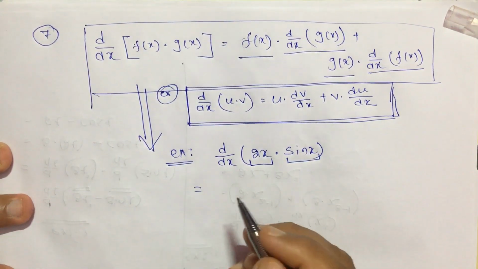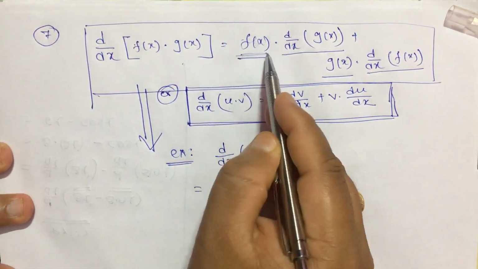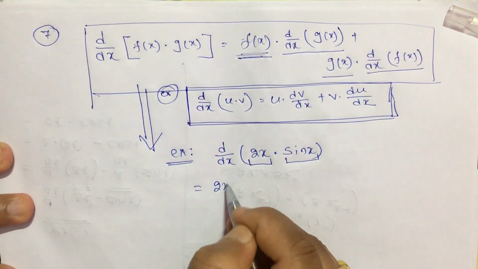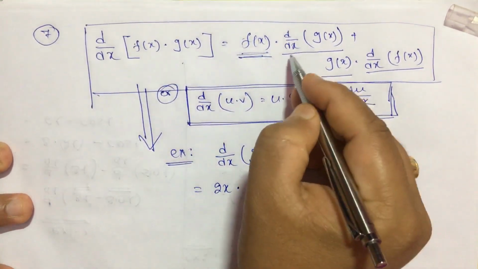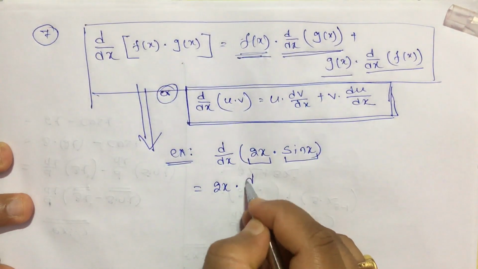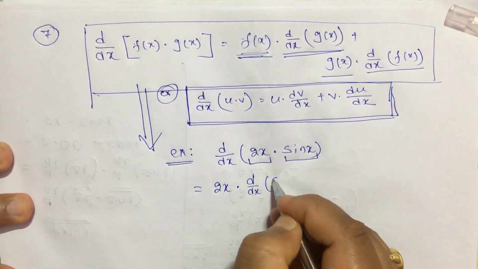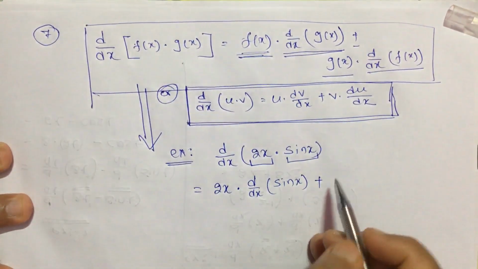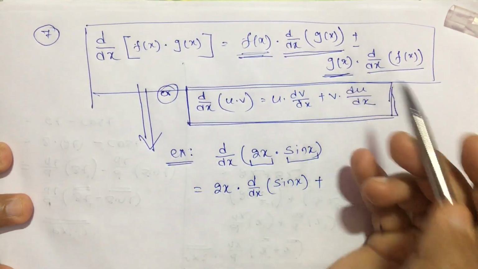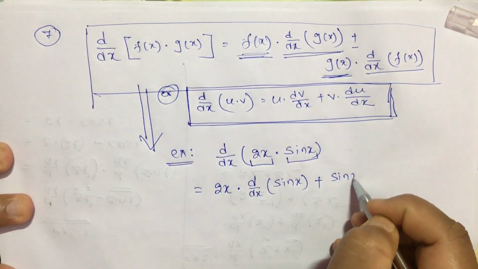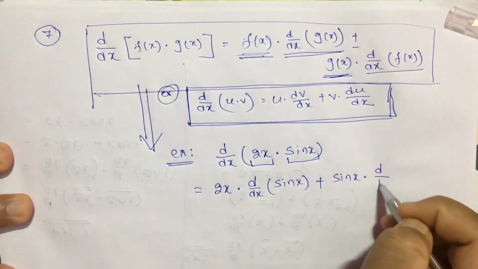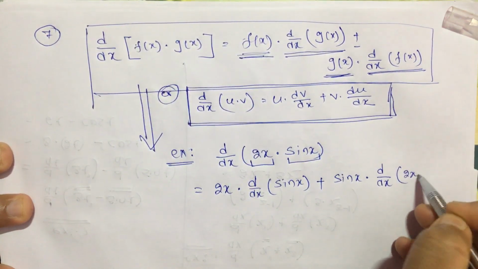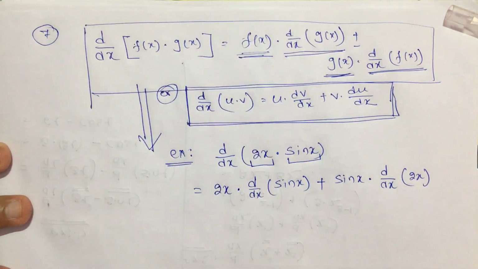So how to do the solution? Write the first function as it is, 2x as it is, into derivative of the second function, d by dx of sin x, plus second function as it is, sin x, into d by dx of the first function, 2x.